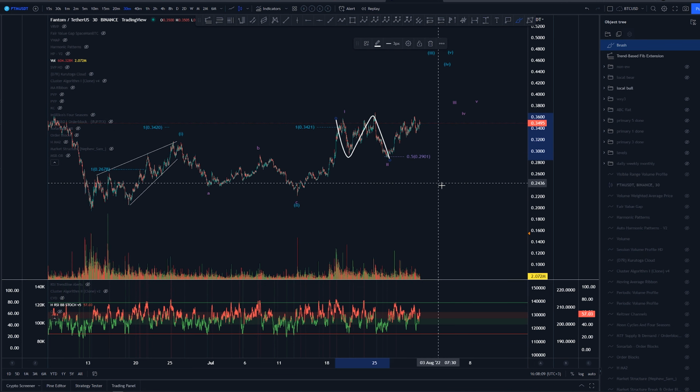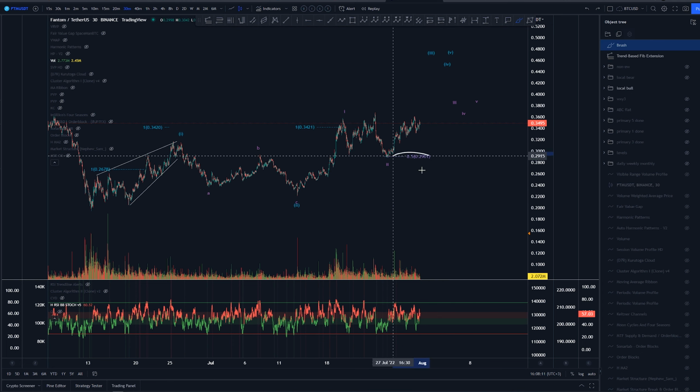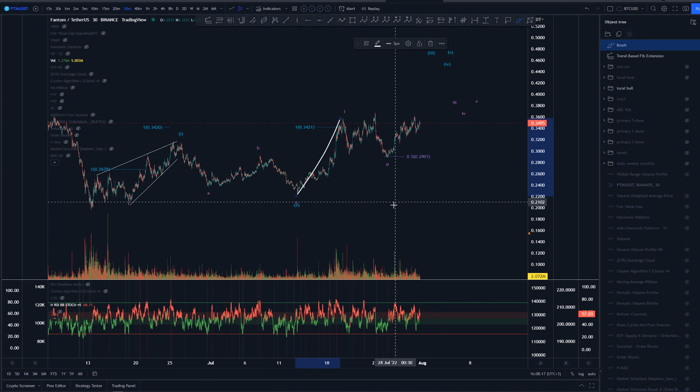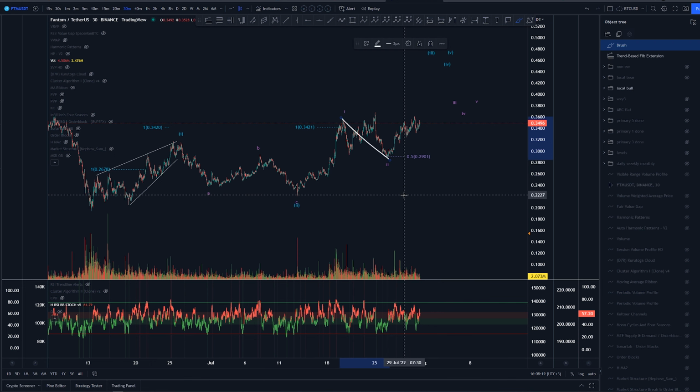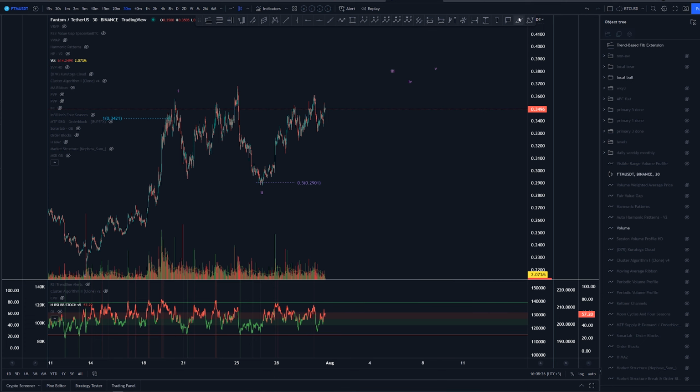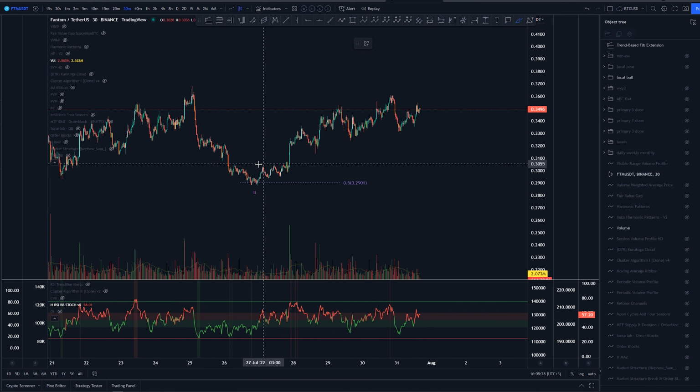Then we have some kind of expanding flat here into wave 2 that is going to be retracing 50% of this original move back to this 0.5 area, and then we would be looking for higher prices. At the moment, again, and this is definitely very similar to Bitcoin, I can't get a diagonal here at all.